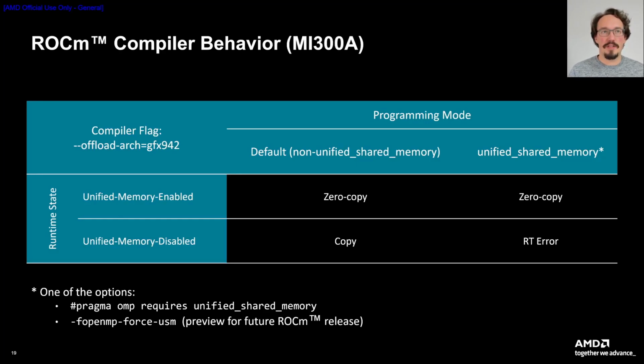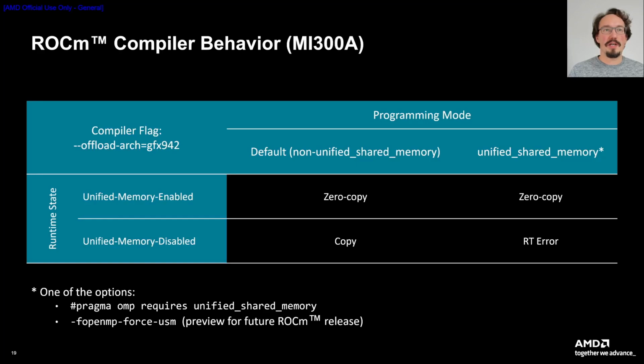The columns of this table designate the programming mode, meaning if you use map clauses in your application, which we refer to as default mode, or if you use the OMP requires unified shared memory clause, which activates the USM mode. The lines in this table differentiate the machine or driver support for unified memory, with it being enabled in the first line and it being disabled in the second line.